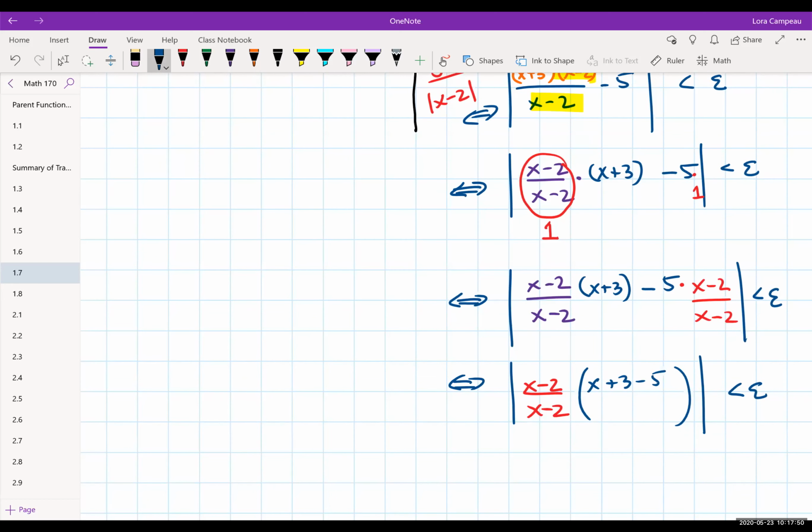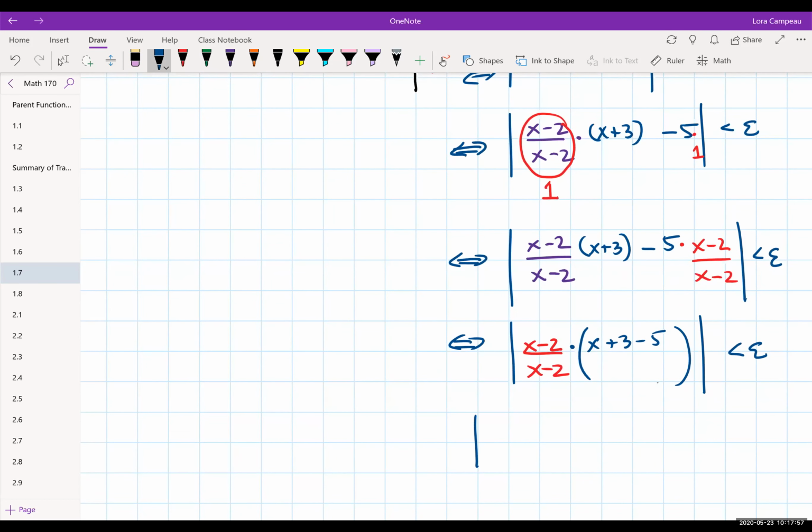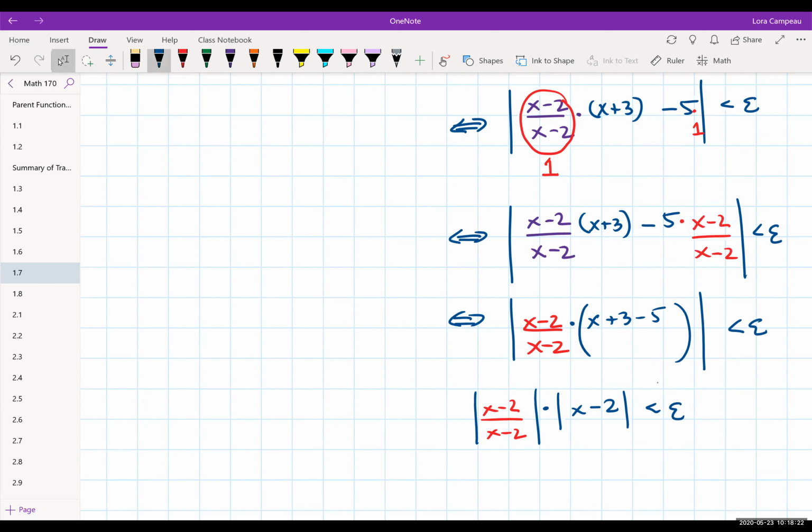So what happens when you are multiplying? You can now pull out the x minus 2 over x minus 2. Let's see that in red. It's multiplied by the absolute value. X plus 3 minus 5 is another x minus 2. That's kind of what we were looking for. But we were clear, yes, it is a 1.